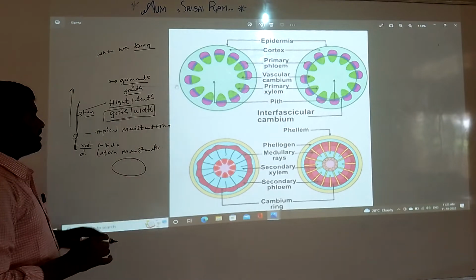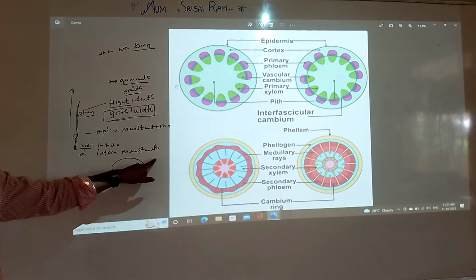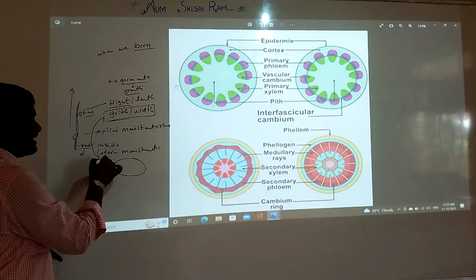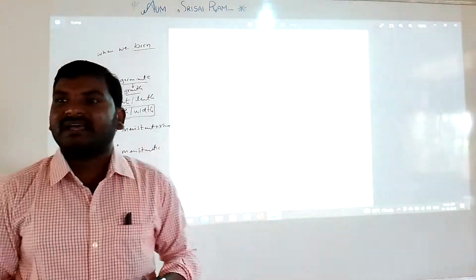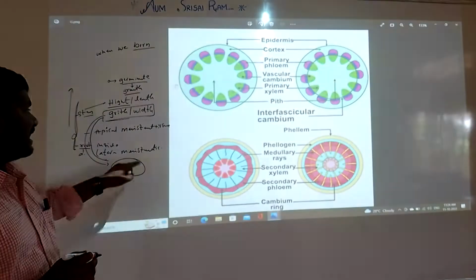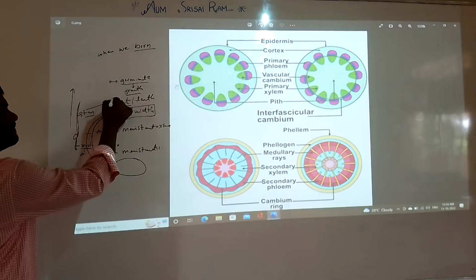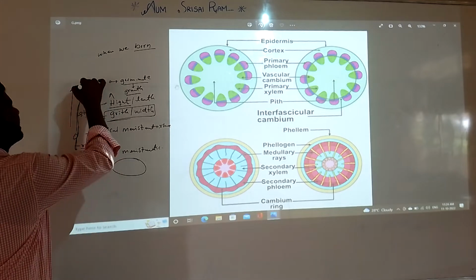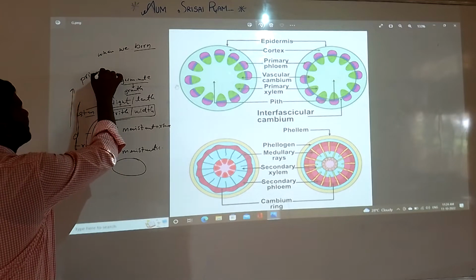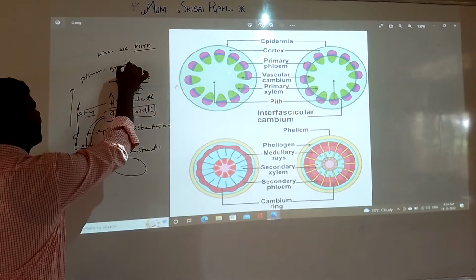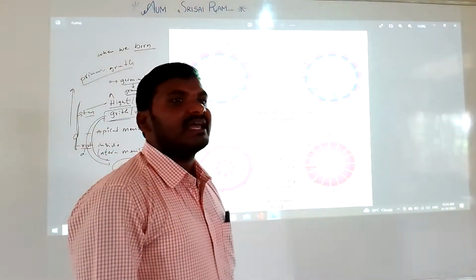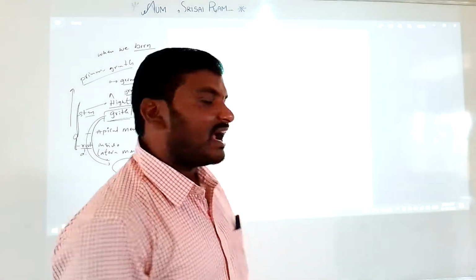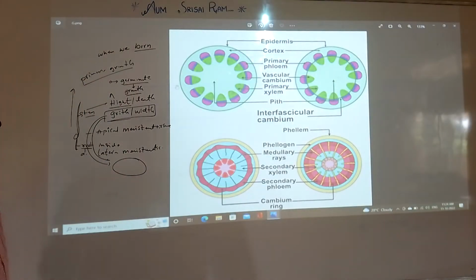Lateral meristematic tissue, which means the girth or width of the plant is increased by the lateral tissue. Here the growth of height by apical meristematic tissue is called primary growth. What is it called? Primary growth. Primary growth helps the increase in height, whereas the width is increased by which?